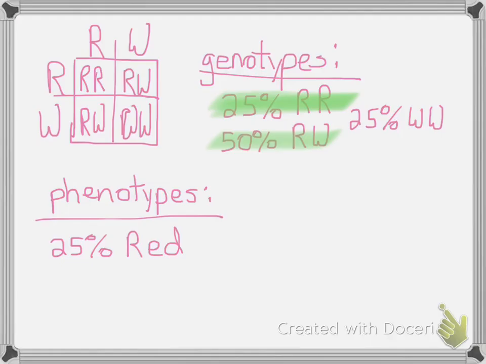So then our RW is going to be 50% pink. And we come over and look at our last option, and that's our WW. And so our 25% WW was, of course, white.